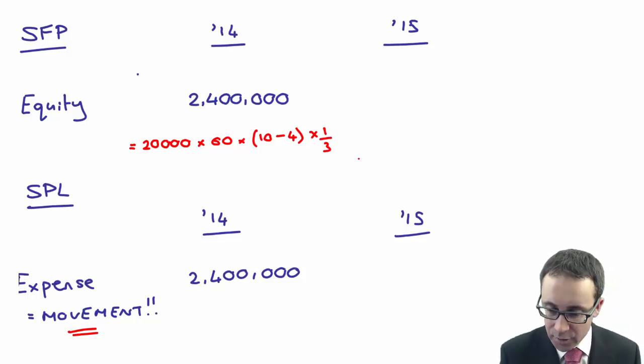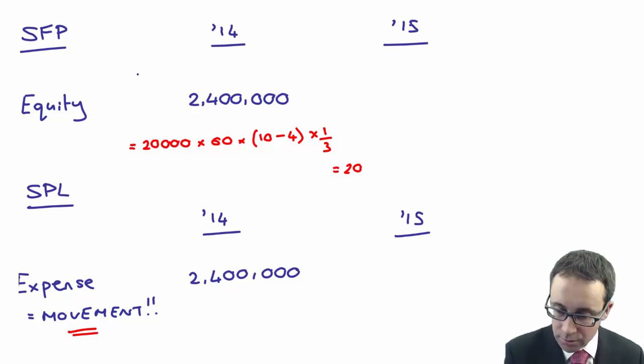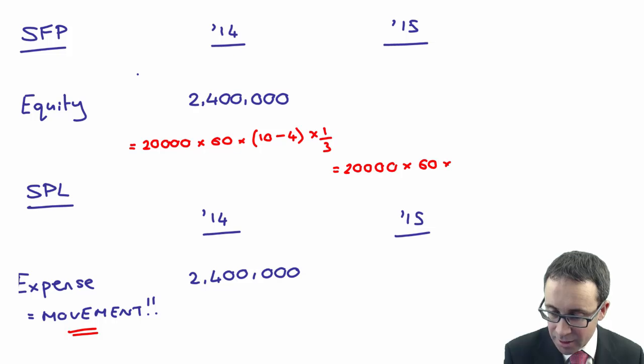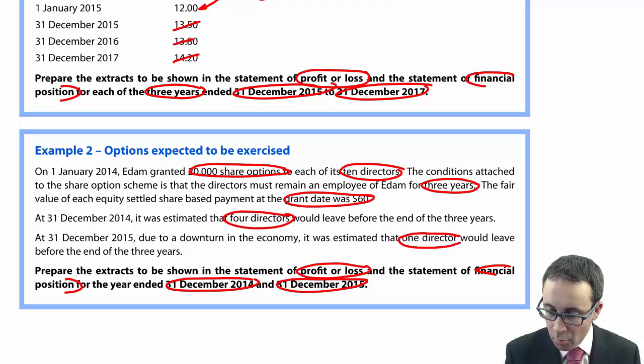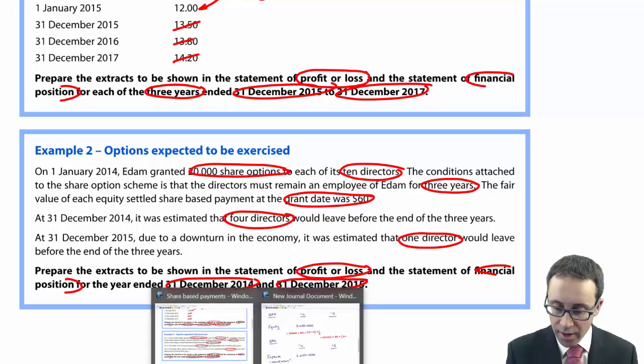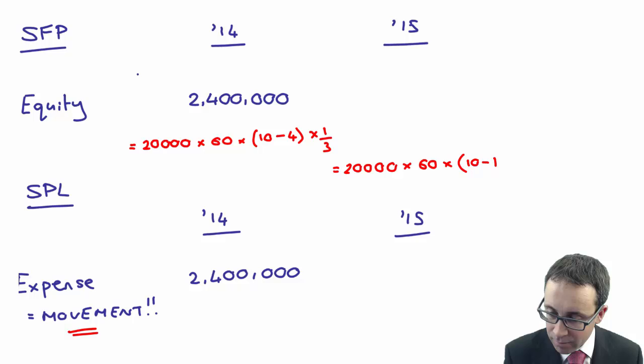In the second year, 2015, we still have 20,000 options. Fair value is 60 still, that never changes. There were 10 directors there, but now we only estimate that 1 director will go through there and leave.